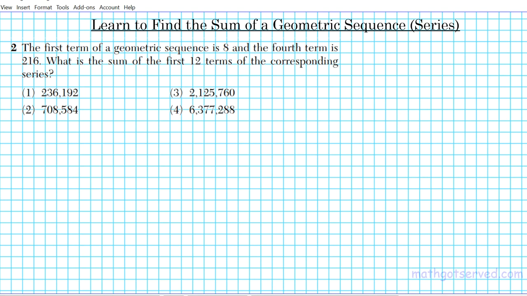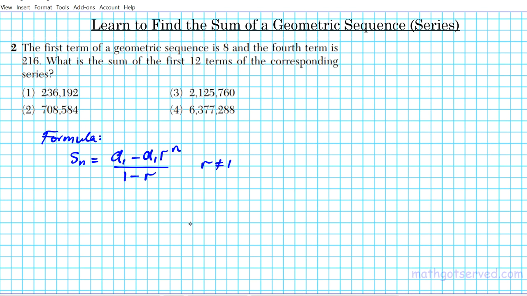The formula for a geometric series, or the sum of a geometric sequence, is given by S_n, the sum of n terms, equals a1, the first term, minus a1 times r raised to the nth power, the number of terms, divided by 1 minus r, where r is not equal to 1.